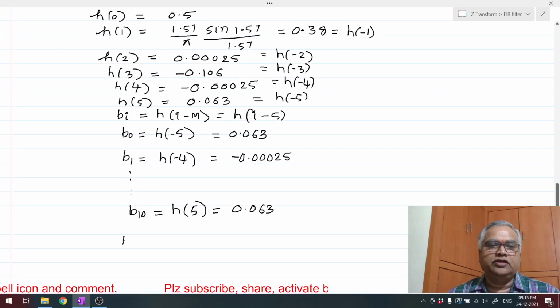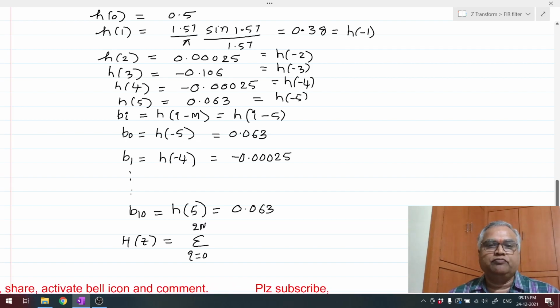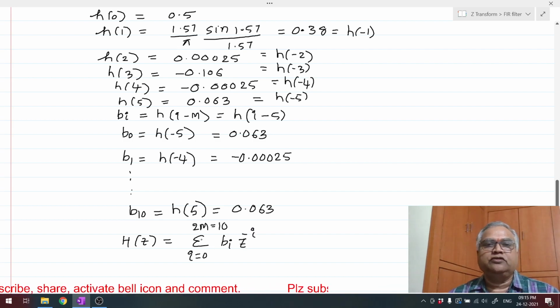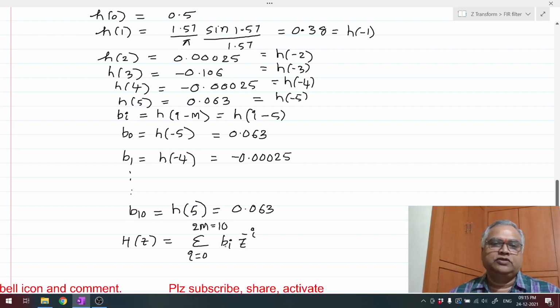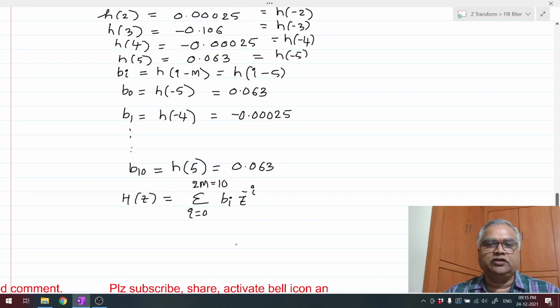Then lastly, h of z. The h of z formula is the sum from 0 to 2m, 2m is nothing but 10, of bi z power minus i. So this you have to expand and substitute the values, you will get h of z. But here more values are there.